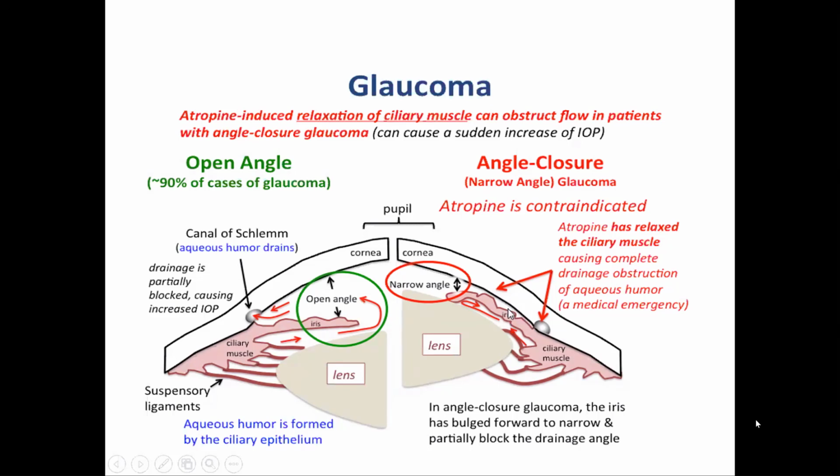And so the main pathology behind open angle glaucoma is within the trabecular meshwork. You know this trabecular meshwork is responsible for draining 90% of the total aqueous humor.